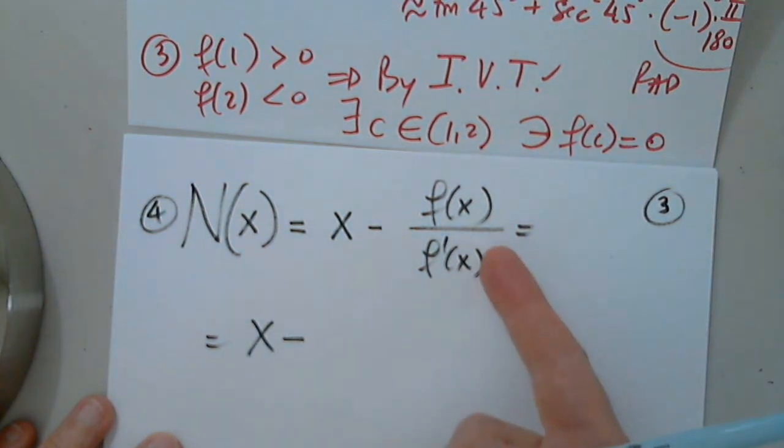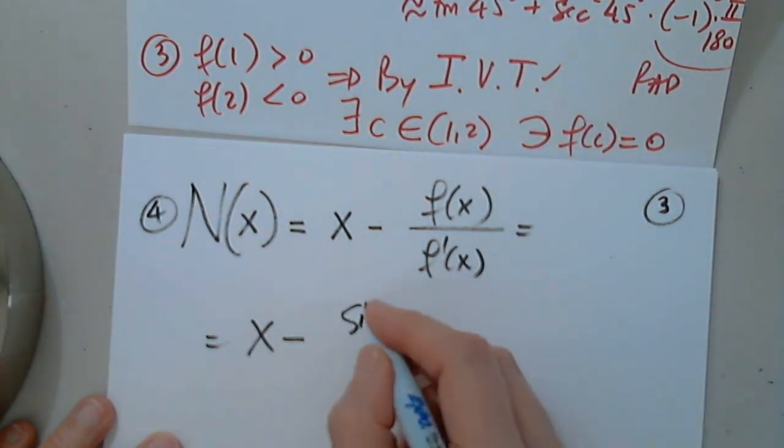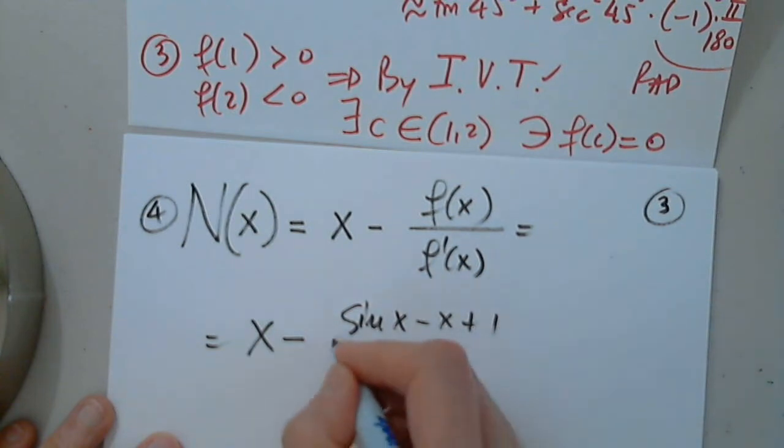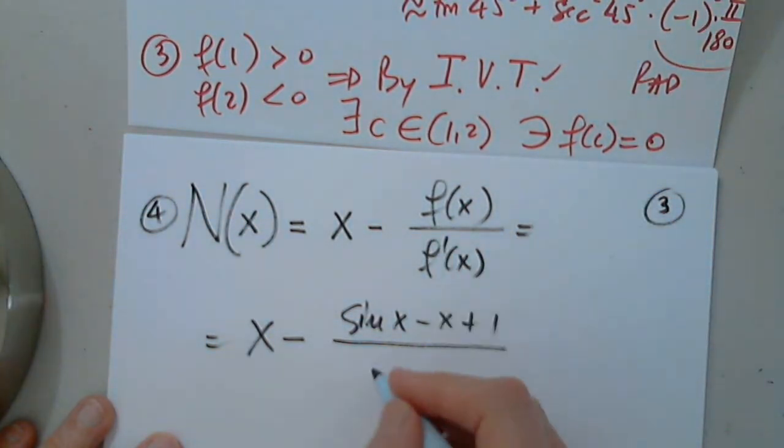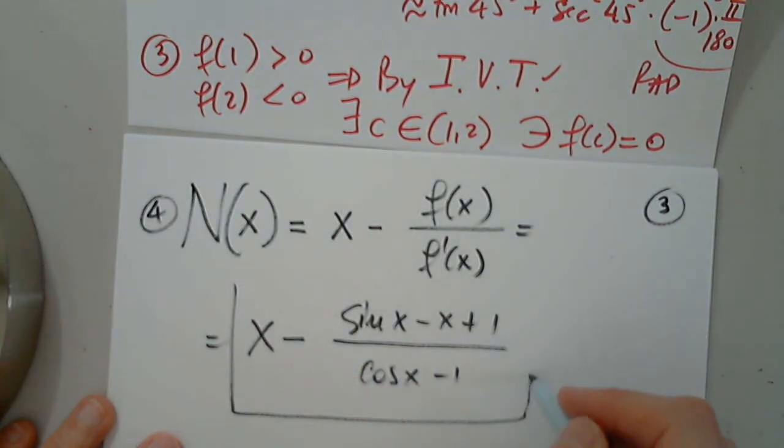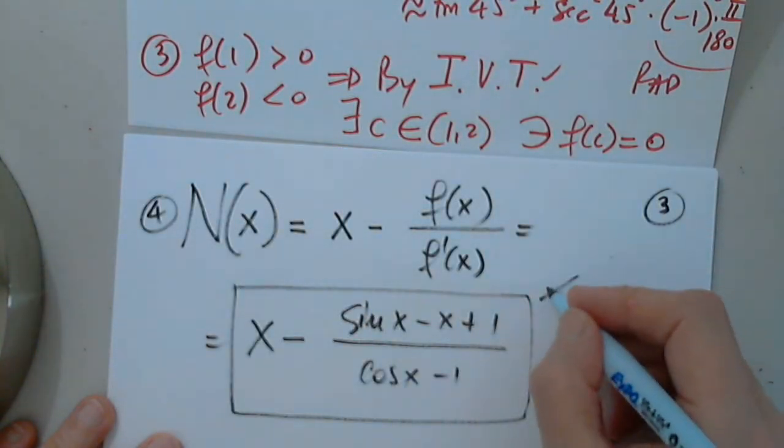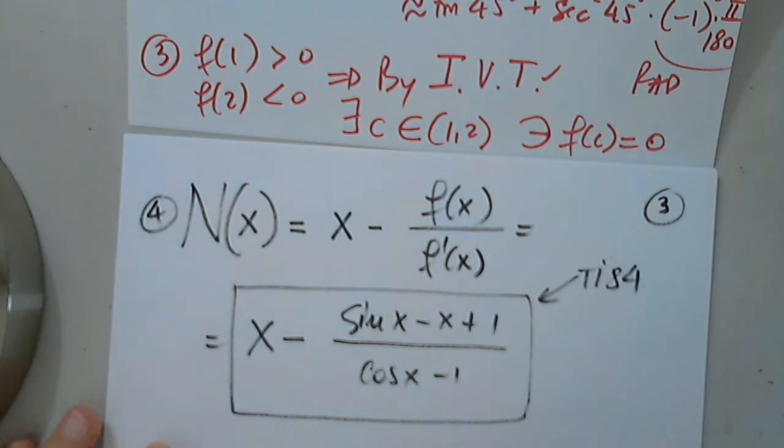X minus f of x, I copy it, sine x minus x plus 1, and I already have the derivative, cosine x minus 1. This is the function that I will put in the graphing calculator, exactly as you see it.